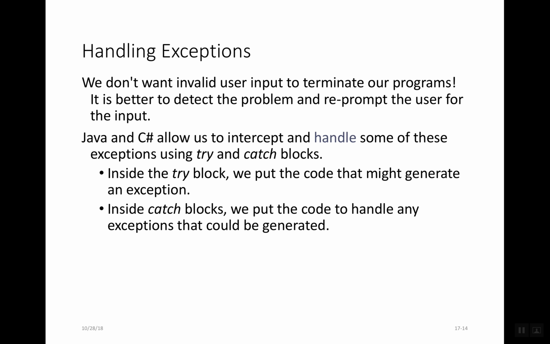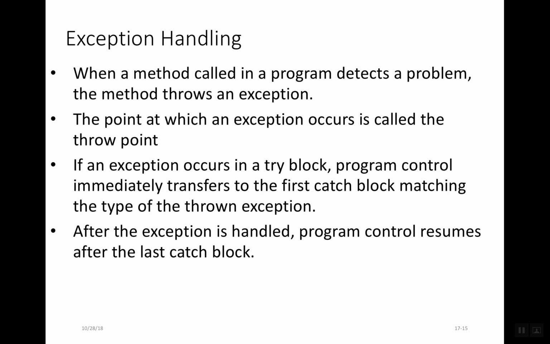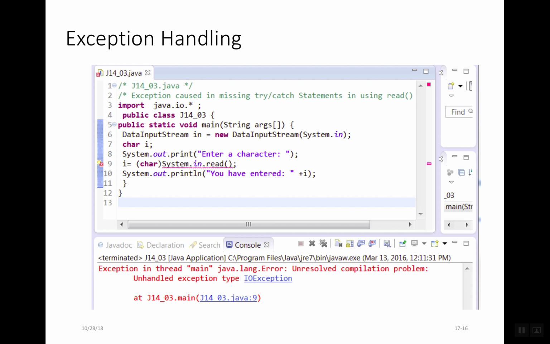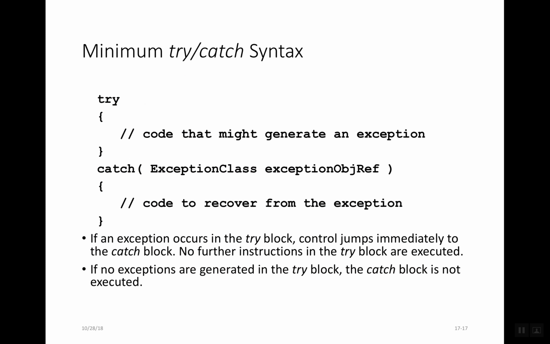In Java and in C Sharp, we put our code that might generate an exception within the try block, and within a catch block we put some code in order to recover from the exception.